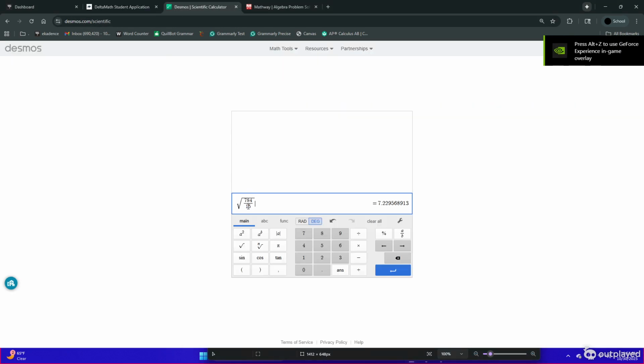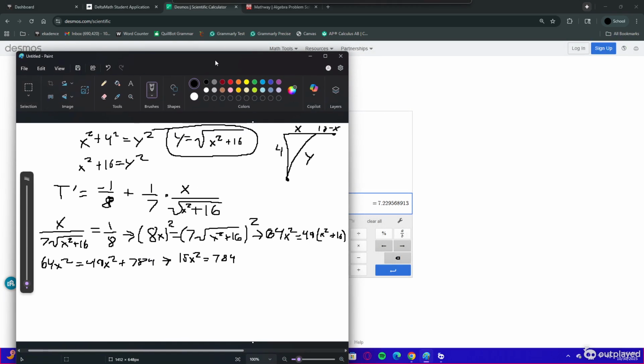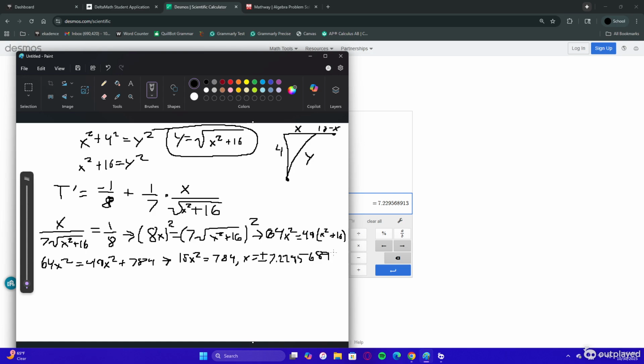And x equals plus or minus the square root of 784 over 15, which is about 7.2295.